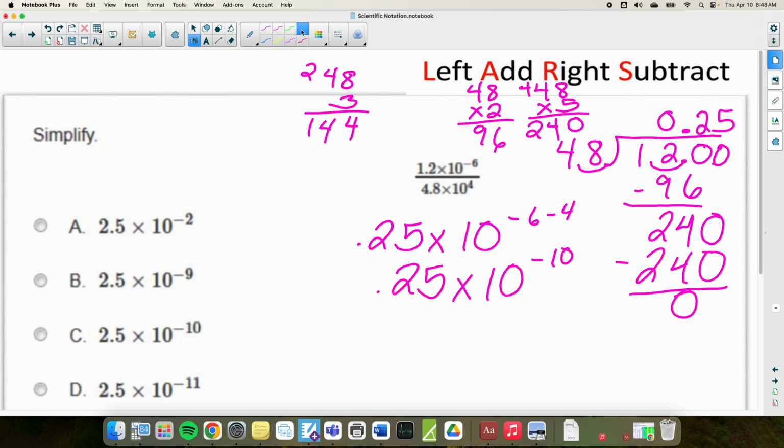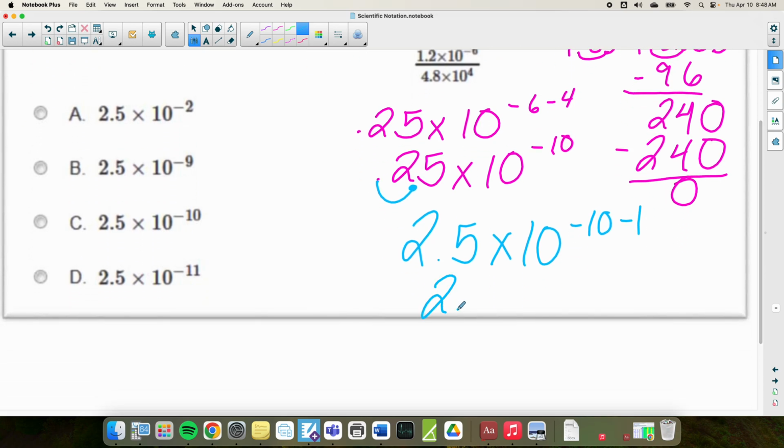And then what we would have to do is put it in scientific notation. Think of left, add, right, subtract. When you move to the right, what do you do? You subtract. So we get 2.5 times 10 to the -10th minus 1, which is 2.5 times 10 to the -11th. And that is right here.